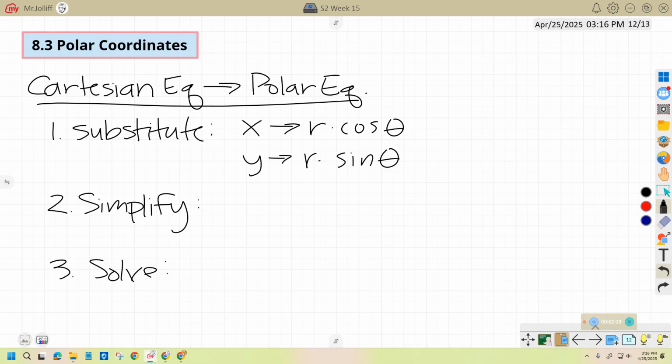Once you've done that, you are probably going to get an expression that's kind of ugly. It's going to have squareds in it and fractions maybe. So the next step is to make it pretty. You want to simplify.